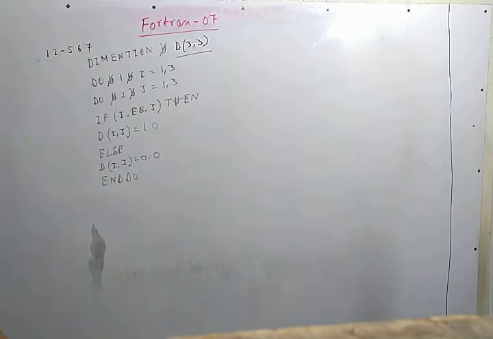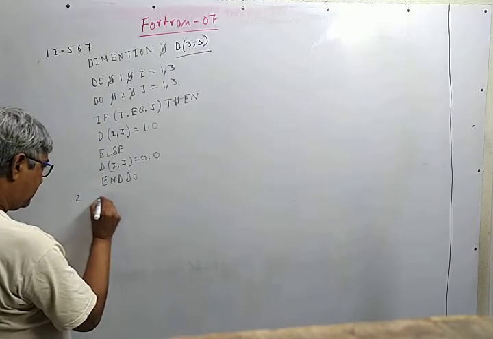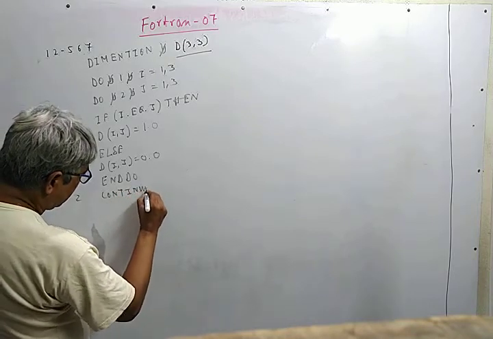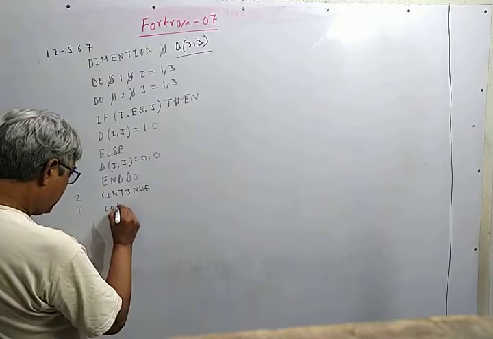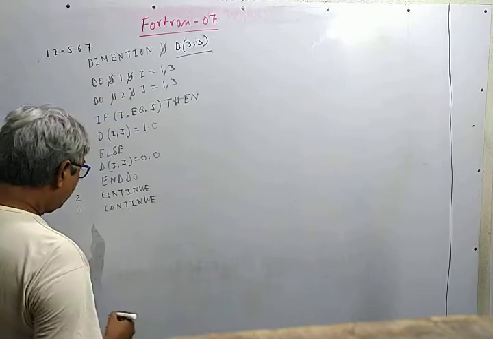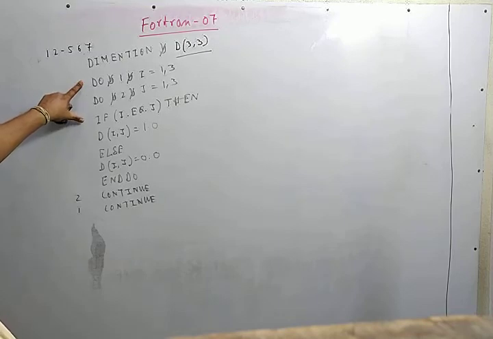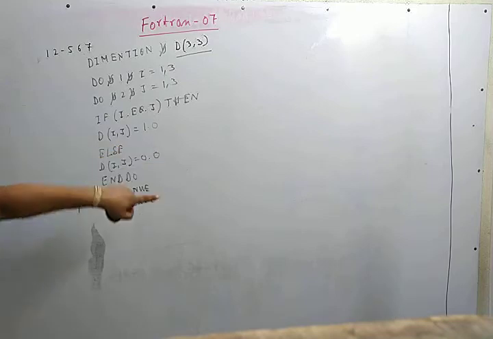There are two do loops, so first the inner loop must be completed. Now this program calculates the delta function, and if I is equal to j, it assigns one value and otherwise it assigns zero.